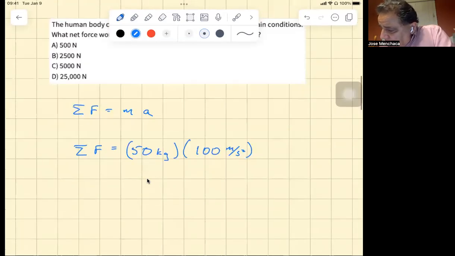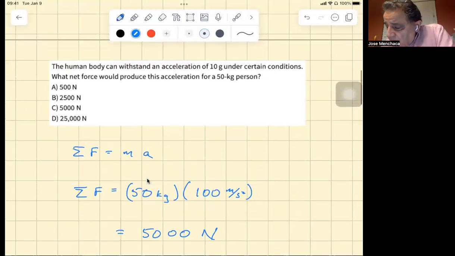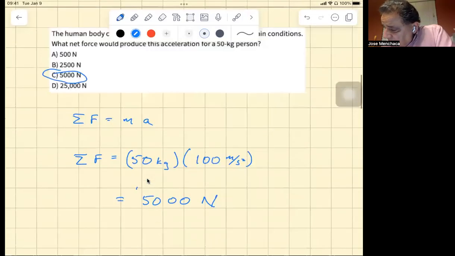And we'll see that it's 5,000 kilogram meters per second squared, which is a Newton. So it's 5,000 Newtons. So there's your answer.